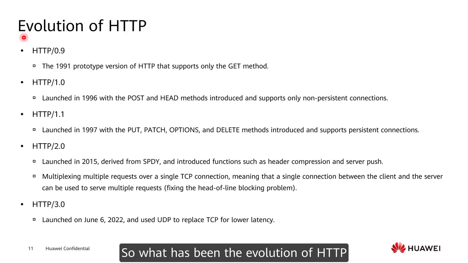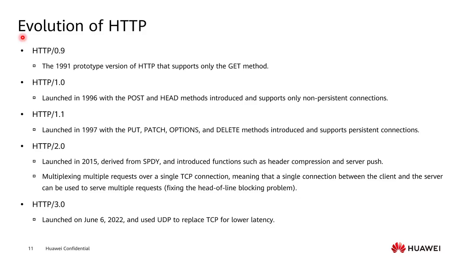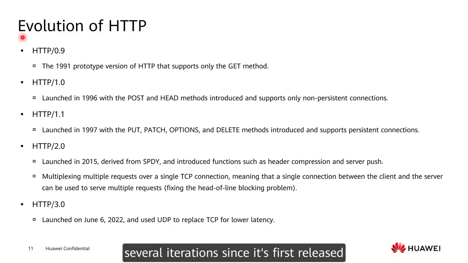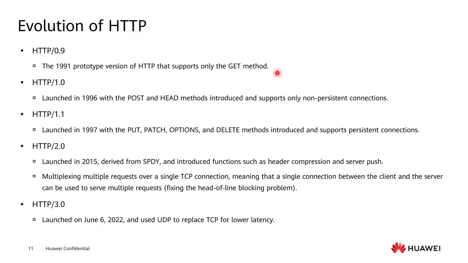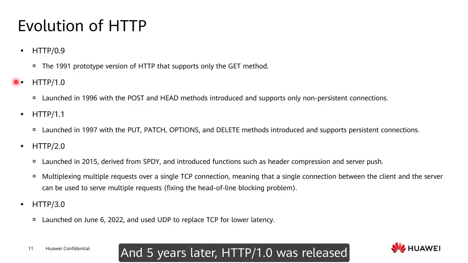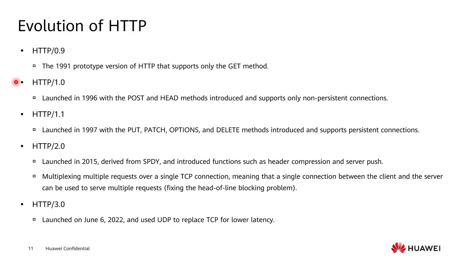So, what has been the evolution of HTTP? Actually, HTTP has gone through several iterations since its birth. The earliest version was HTTP 0.9, which supported only the GET method. And 5 years later, HTTP generation 1 was released.